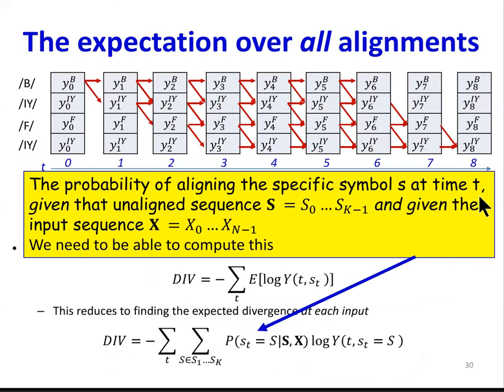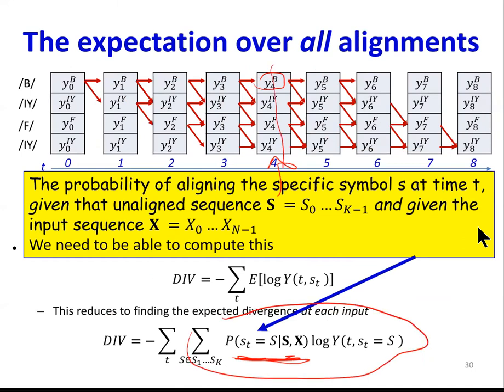The missing term is this guy: the probability of aligning a specific symbol B to the specific time t, correct? If I have it for every one of these, then I can compute the divergence contribution of this column, right?